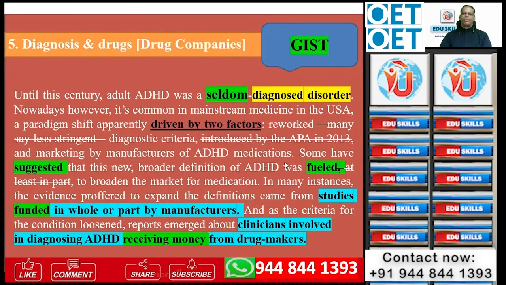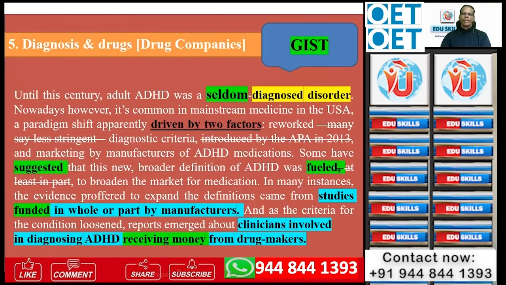Okay, this is the fifth paragraph, and you can see diagnosis and drug companies. Again, gist, you have to understand the gist. And until then, the seldom diagnosed disorder. Seldom, you see the scale. Seldom means rarely, so often, always. So you see a scale expression there. Seldom diagnosed disorder is the topic sentence of the paragraph.